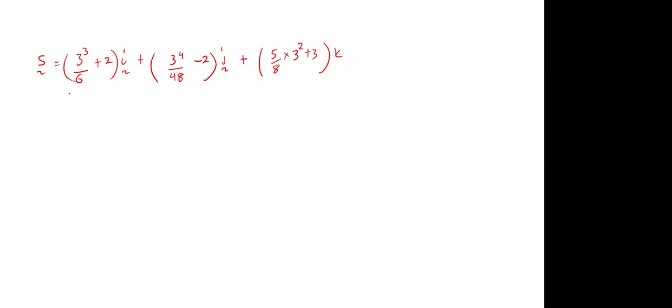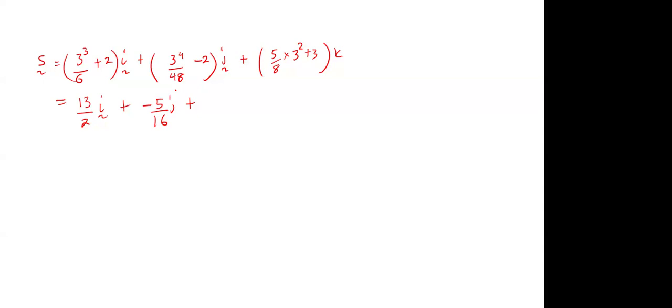So you say 3 to the power 3 divided by 6 plus 2, and according to my answer, I'm ending up with 13 over 2 i. Then plus, you say 3 to the power 4 divided by 48 minus 2, and I'm ending up with negative 5 over 16 j, then plus 3 squared times 5 divided by 8, then plus 3.